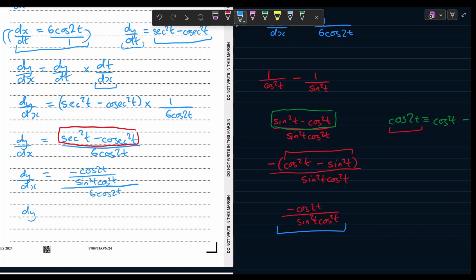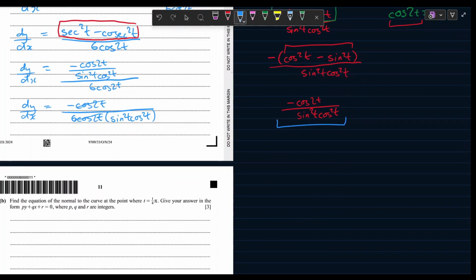So dy/dx is equal to negative cos 2t, over 6 cos 2t multiplied by sine squared t cos squared t. So cos 2t cancels out, and we have that dy/dx is equal to negative 1 over 6 sine squared t cos squared t.